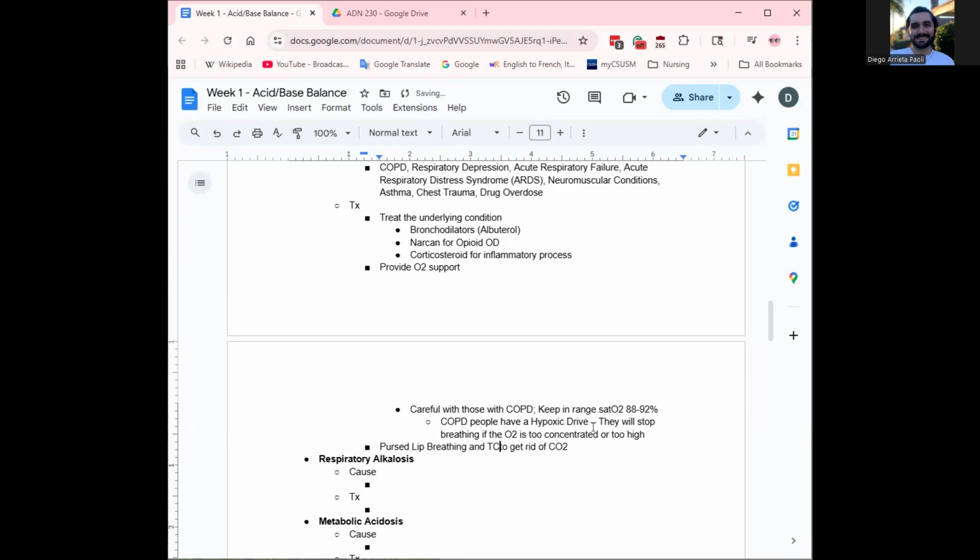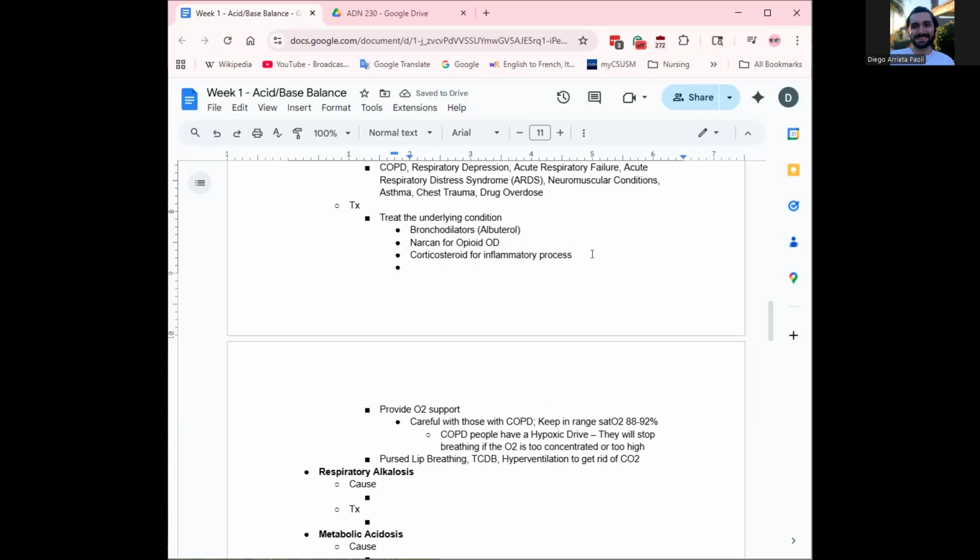You could also tell them to hyperventilate. So just start breathing, you can have them have deep, faster breaths. Tell them to do pursed lip breathing. Tell them to breathe out like they're trying to blow out a candle. All of that is very helpful. So that's good education there. That's perfect.